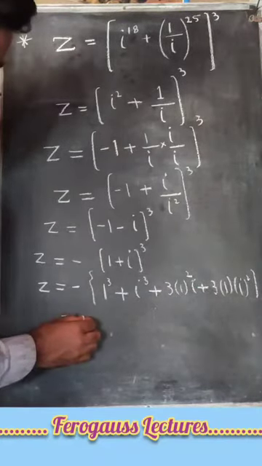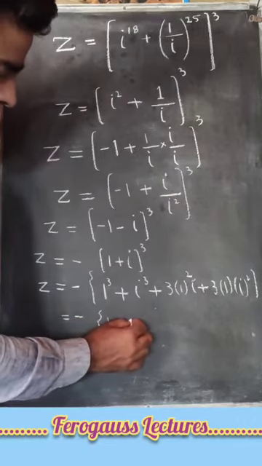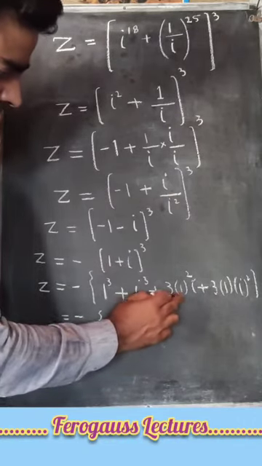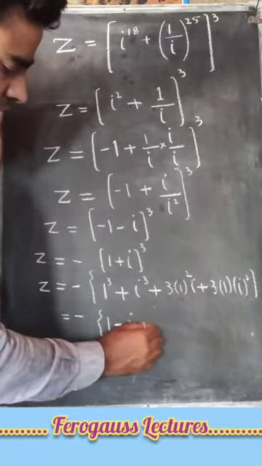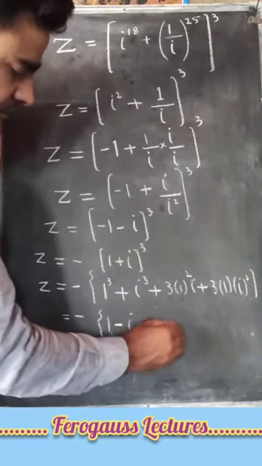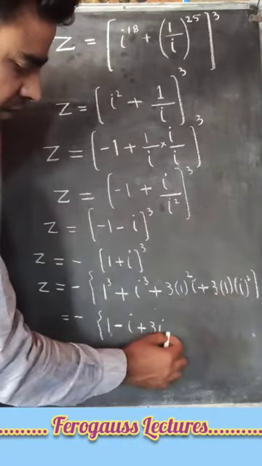That is further equal to minus times, 1 cube is 1, iota cube is equal to minus iota. It is 3 into 1 square is 1 into iota, so this is 3 iota. Then iota square is minus 1, so 3 into minus 1 is minus 3.